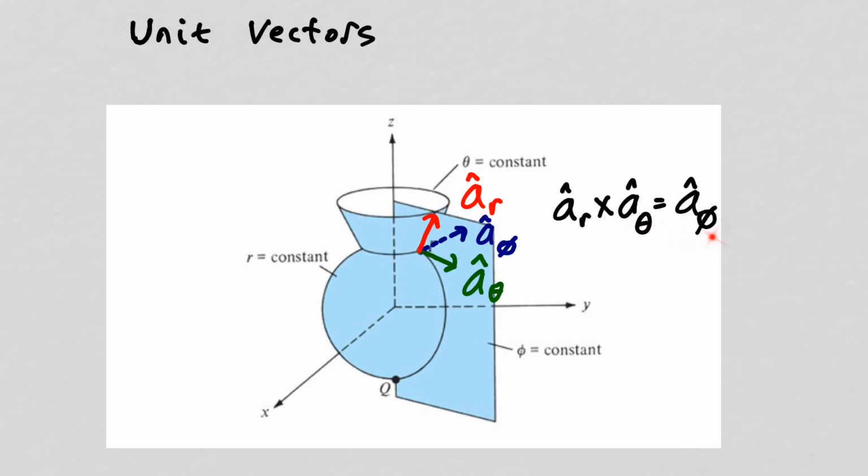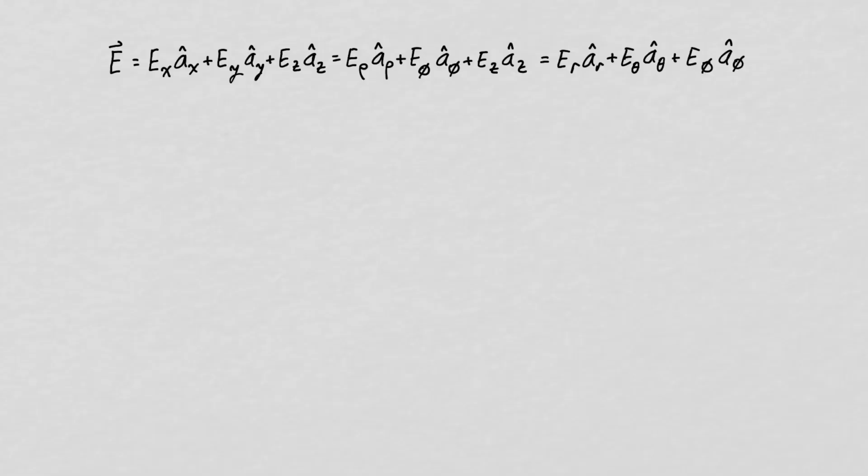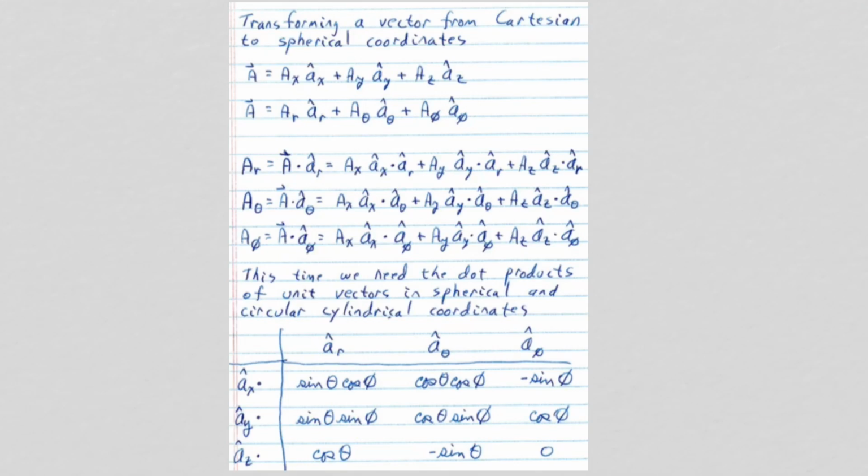We can represent a vector at a point in space as components in the Cartesian coordinate system, or its components in the cylindrical coordinate system, or its components in the spherical coordinate system. If we're given the vector represented as components in the Cartesian coordinate system, let's look to see how we would find the components in the spherical coordinate system. Here we have the same vector represented either as components in the Cartesian coordinate system or as components in the spherical coordinate system.